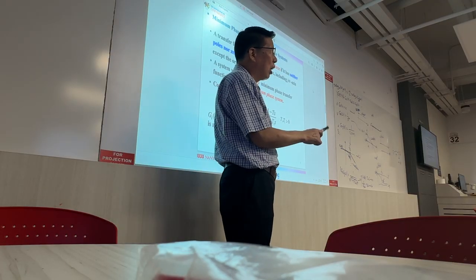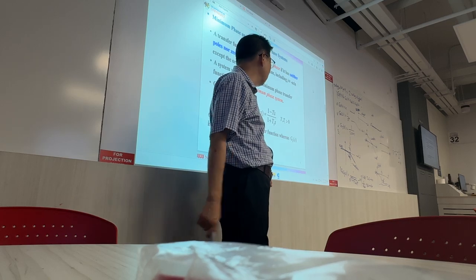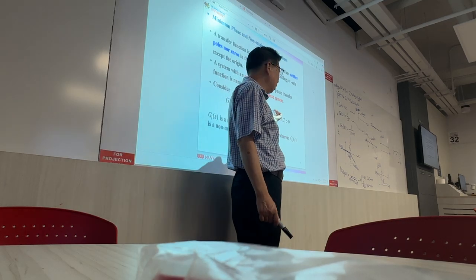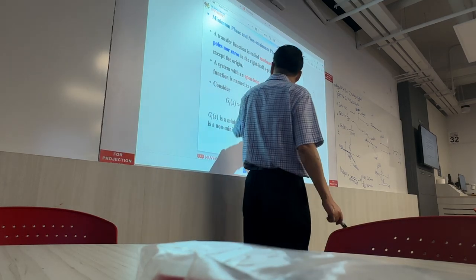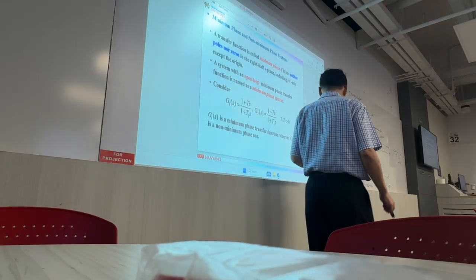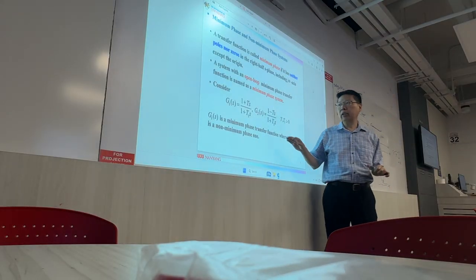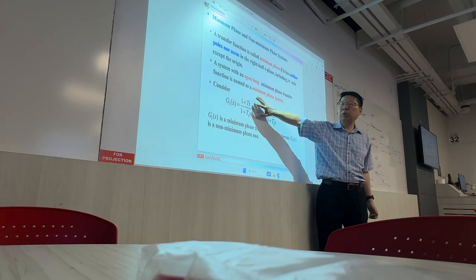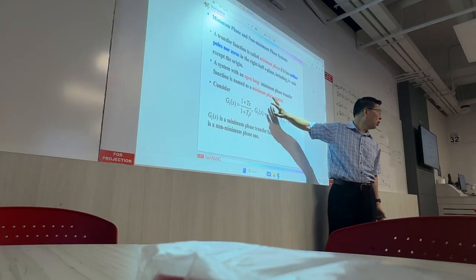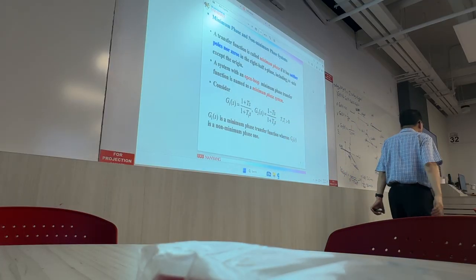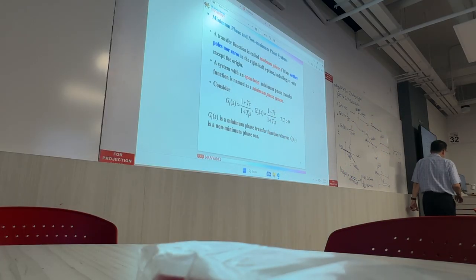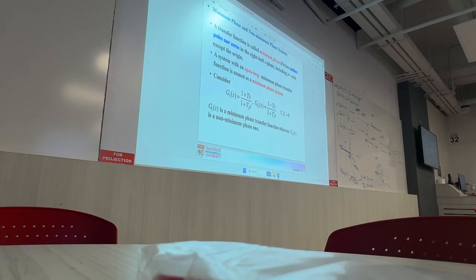The phase is 180 minus arctangent of something, due to the fact that it's a non-minimum phase. In our study, we focus on the minimum phase. Non-minimum phase is not the focus of our study, but we need to know it.